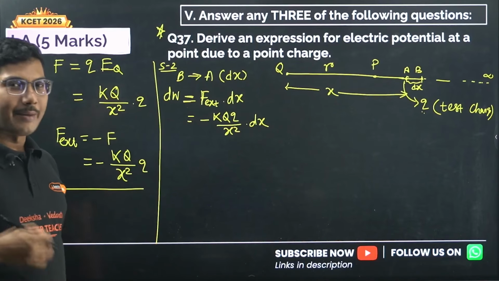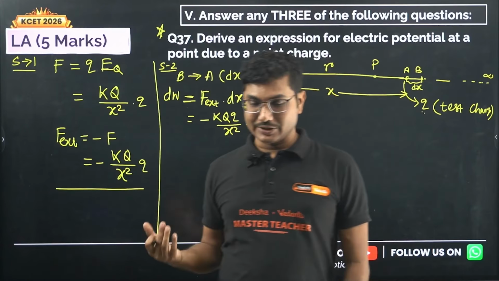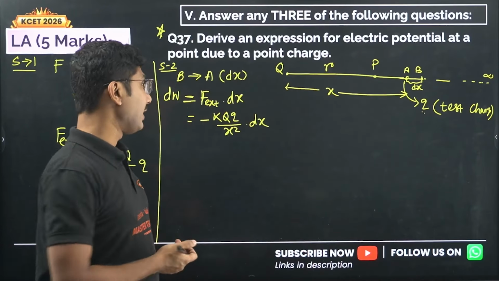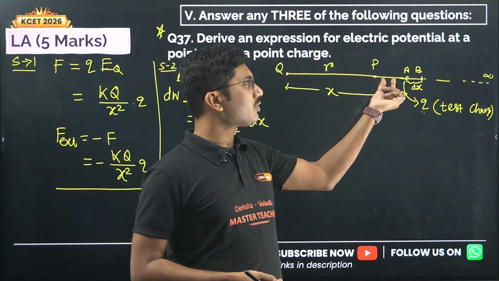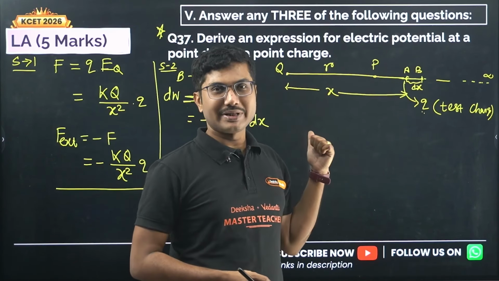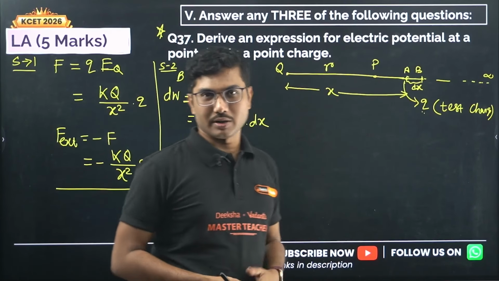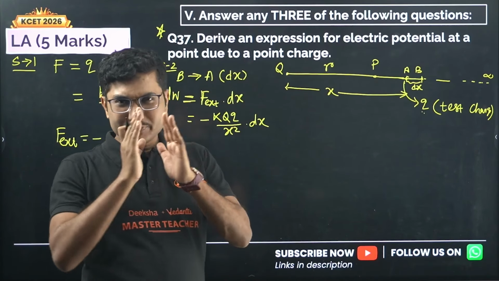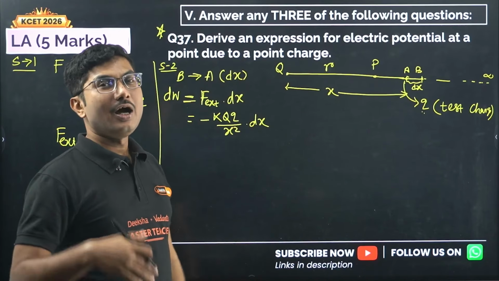Now we will apply the concept of integration. What is integration? Integration means if you take such small distances and each time you calculate the force, each time you multiply with the displacement, and if you add them you will get the total work done. So integration means taking very small portions and adding them so that you get the total value.